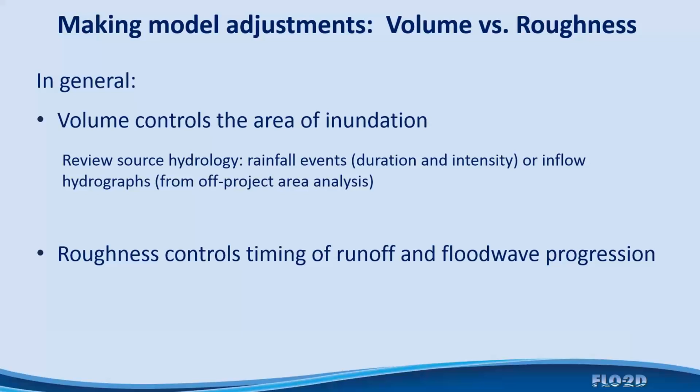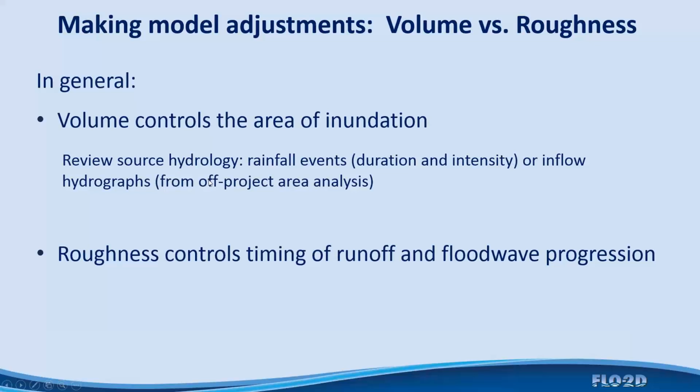In general, if you have volume conservation errors, or just some areas of inundation that you may not like, it's the volume that controls the area of inundation. And I would start with a review of the hydrology, the rainfall events, duration and intensity, or the inflow hydrograph, which might be from an off-project area.